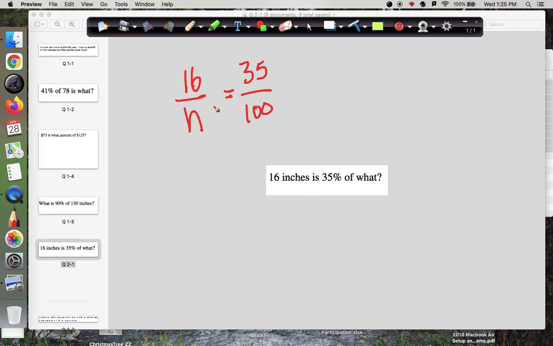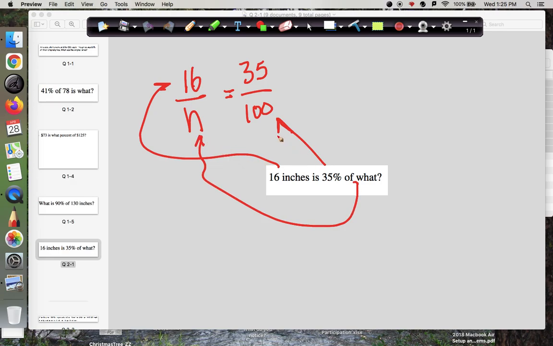So if we're just reading left to right, it gets real difficult. We have to put it in different places. This part goes there. This part goes right here. This part goes right here. So 16 is part of what, that is 35%.